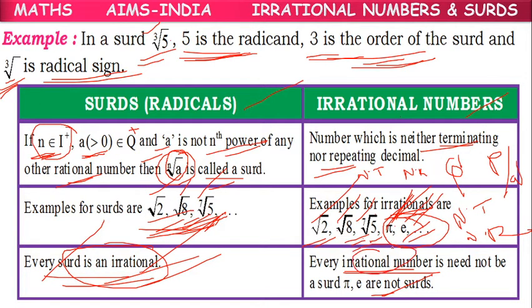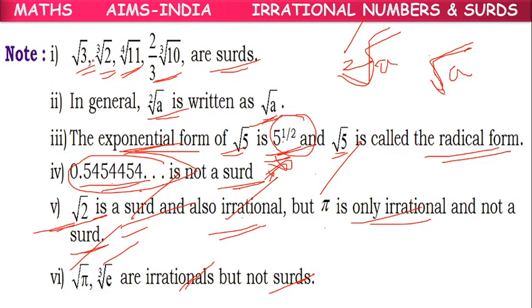But all irrational numbers are not surds because pi and e are not surds. In general, square root of a should be written with a 2 on the root, but we just write it as root of a. We won't write the 2. So 0.54544 is not a surd.